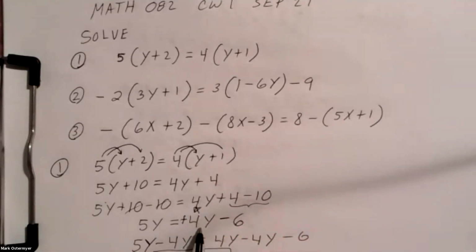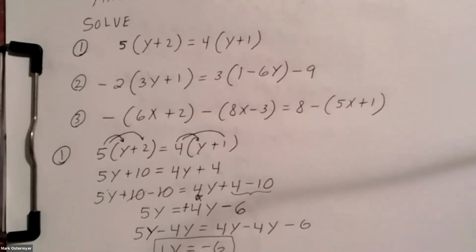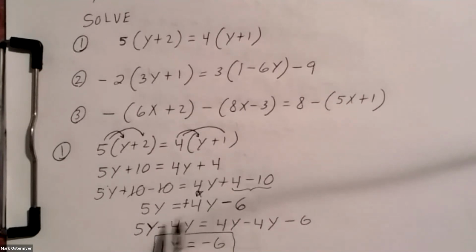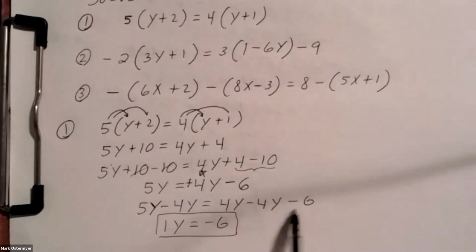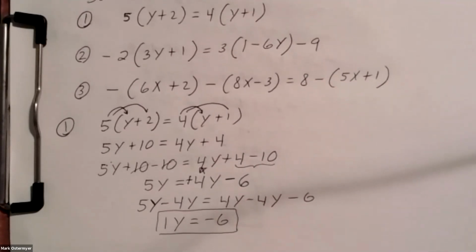How do I move a positive term to the other side? I need to subtract off 4y from both sides. 5y minus 4y is 1y. And the 4y's disappear there and you're left with -6. So you did have that correct there. Nice job. Solution should be -6, ladies and gentlemen.